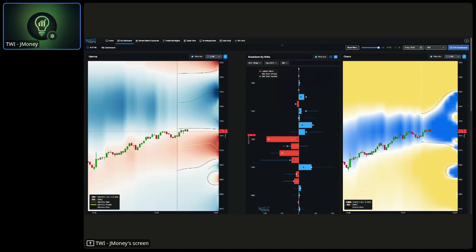Whereas in negative gamma, dealers will hedge in the same direction as price. So if price is moving down, the dealers will also hedge by selling the underlying, which means that in negative gamma you can get much larger, quicker moves. They typically amplify the momentum in whatever direction price is currently trading. And so that's the difference in those. But as far as the actual colors, you can make it whatever you want, as long as you understand the difference between the two.